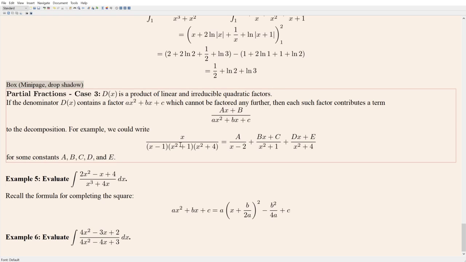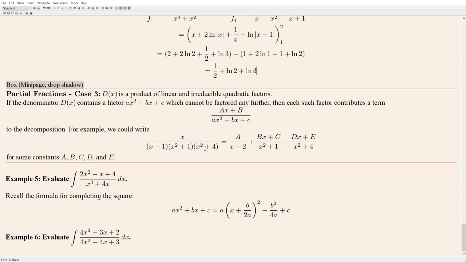So for example, consider this case here. Here the denominator is factored into a linear term and two irreducible quadratic terms. The linear term gets a factor in the partial fraction where the numerator is a constant. This is the same as what we've been looking at.